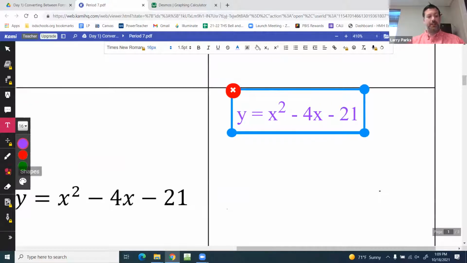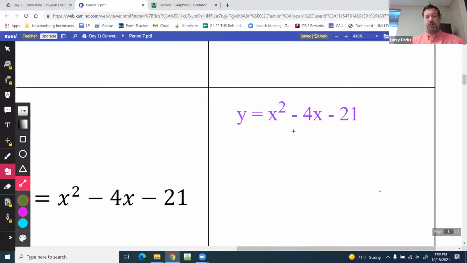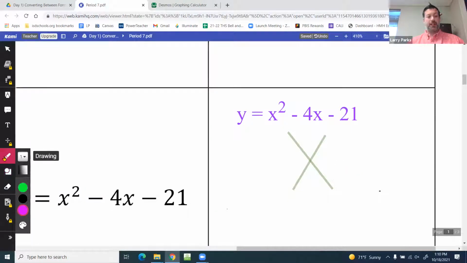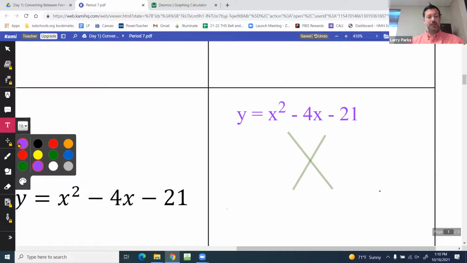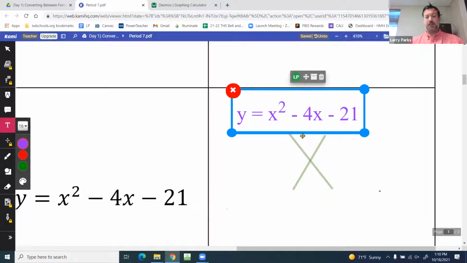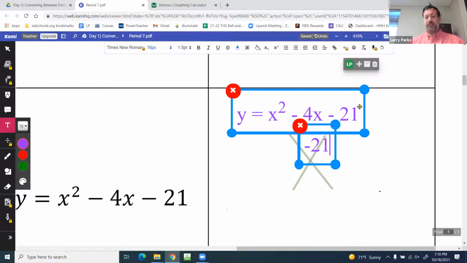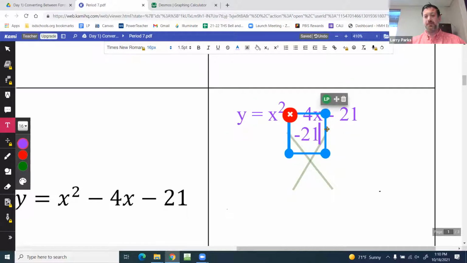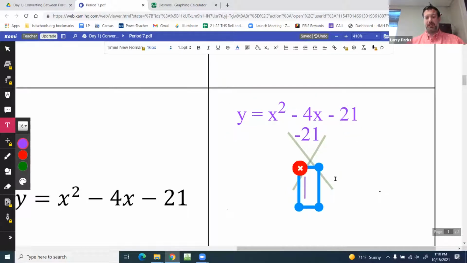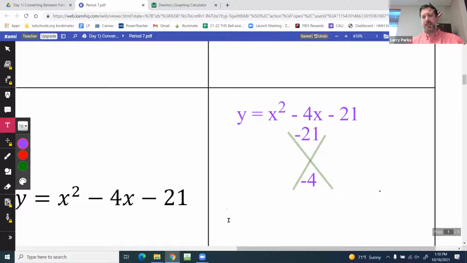So I would factor. I'd put negative 21 on top. There's no GCF. There's no A term. I put the negative 4 on bottom. And I'm looking for two numbers that multiply to negative 21 and add to negative 4.